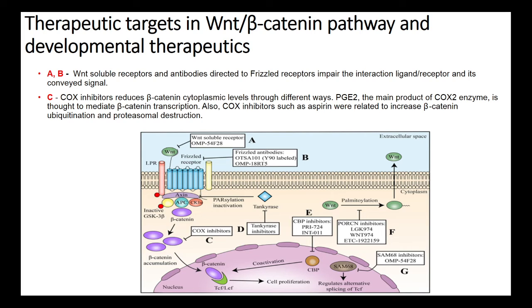First, A will show the WNT soluble receptor. It will make a connection with WNT, and this WNT after connection with the soluble receptor will not connect with the natural receptor, and so will not work. This is a complex. Beta-catenin will not be freed, will not come to the nucleus, and will not give cell proliferation.